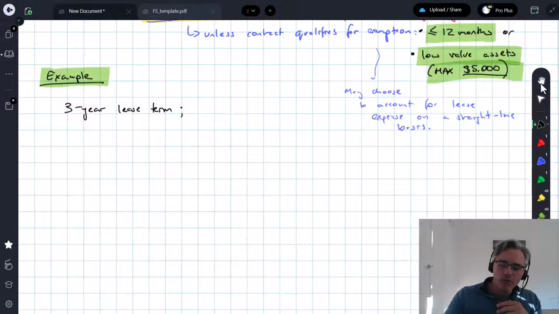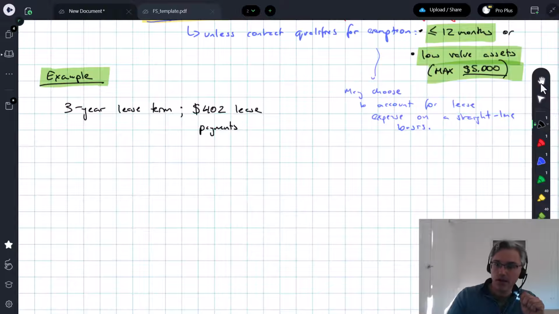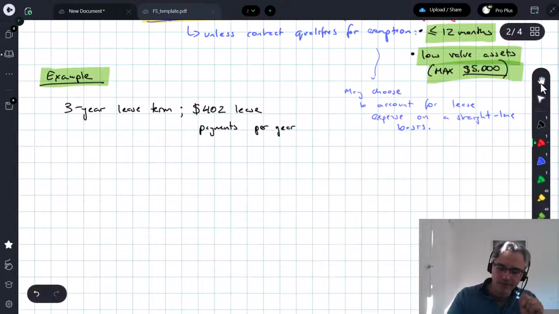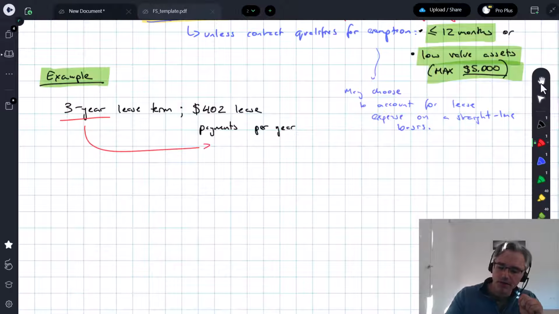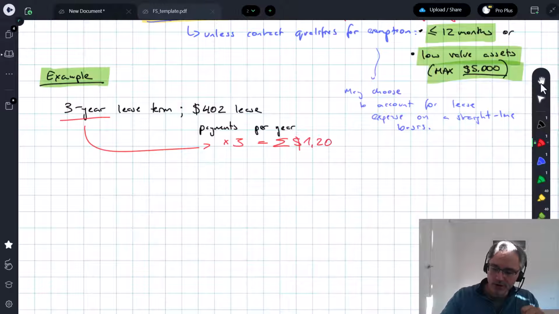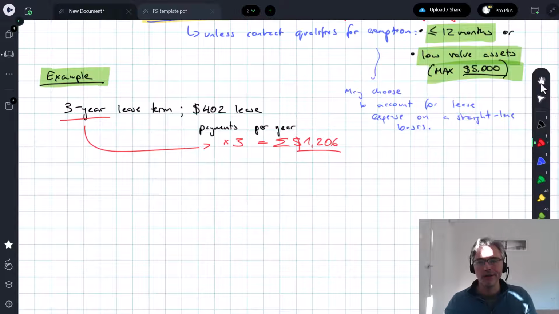And we've committed to pay $402 of lease payments per year. And of course, given that this is a 3-year lease term, we multiply that by 3 to give us the overall amount. That would equate to 1,206 over the entire lease term.